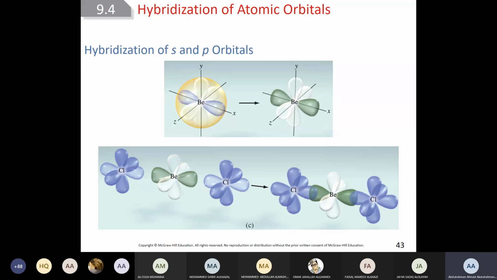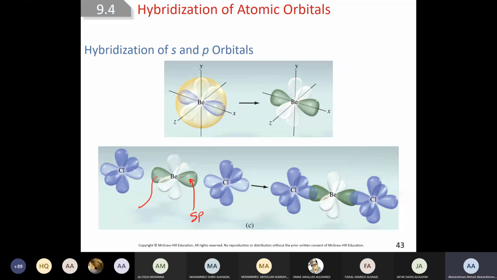Now, that's what will happen. See, now this is the same orbital. What is the name of this green orbital? SP.